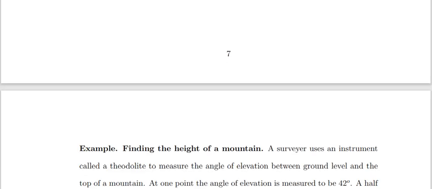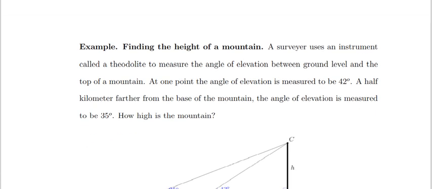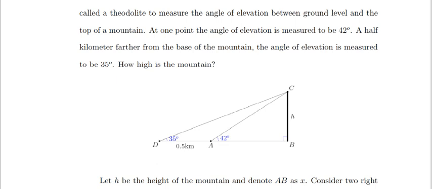Now let's check this problem. We want to find the height of a mountain. So let's say this is a mountain. For a mountain, we cannot go to the base, right?